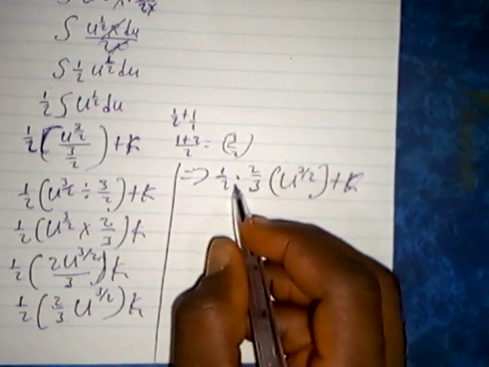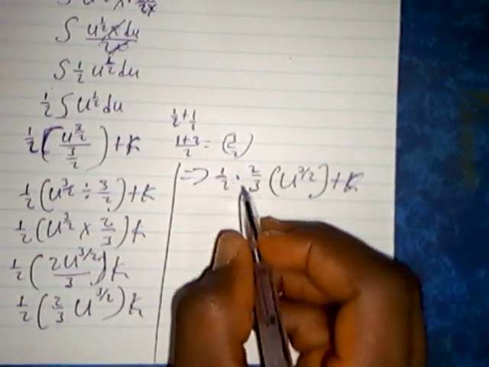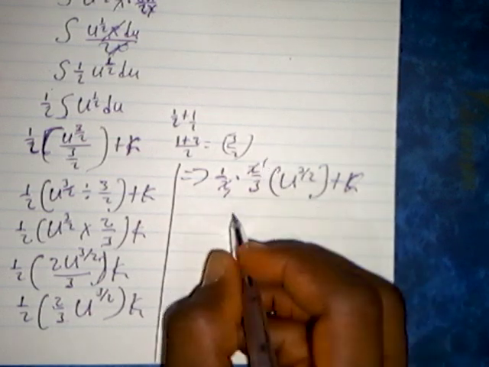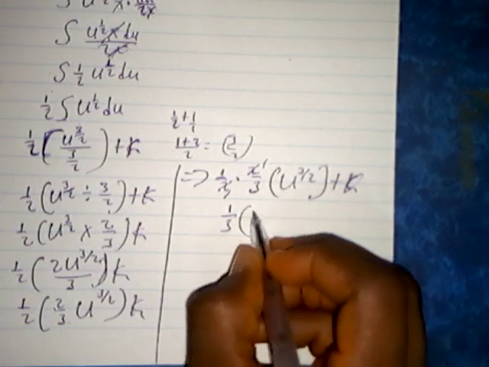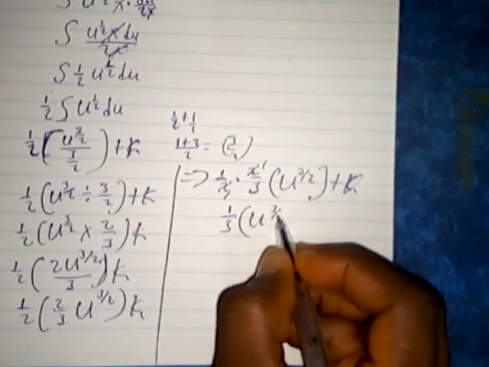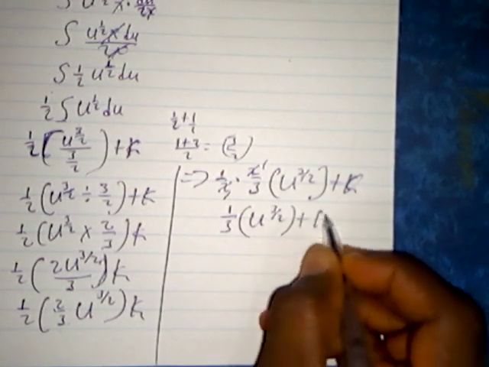Now 2 into itself 1 times, 2 here 1 times. So you say 1 upon 3 into u to the power 3 upon 2, plus k.